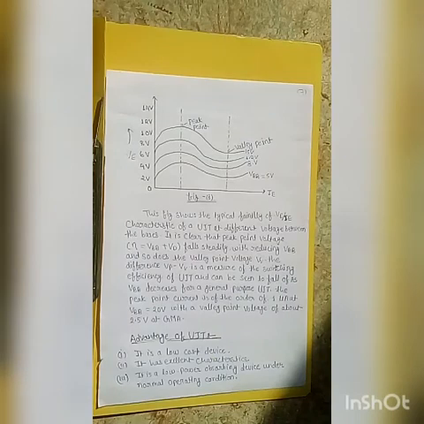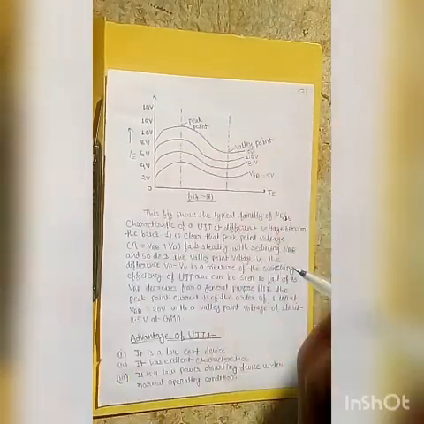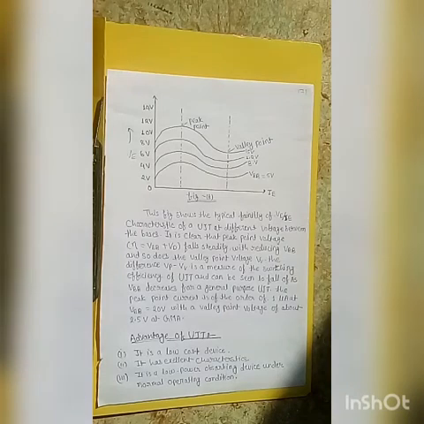Characteristics of UJT at different voltages between the bases. It is clear that the peak point voltage VP equal to eta VBB plus VD falls steadily with reducing VBB, and so does the valley point voltage VV.